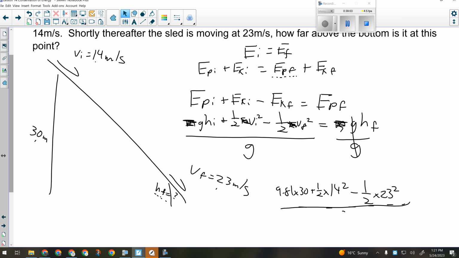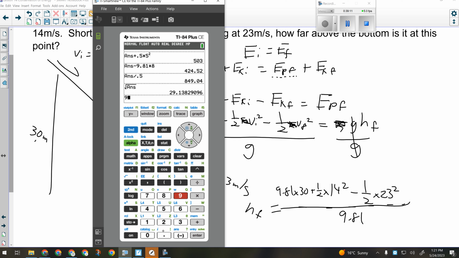Then I divide that by g, 9.81, and that will give me my final height. So the final height is going to be 13 meters.